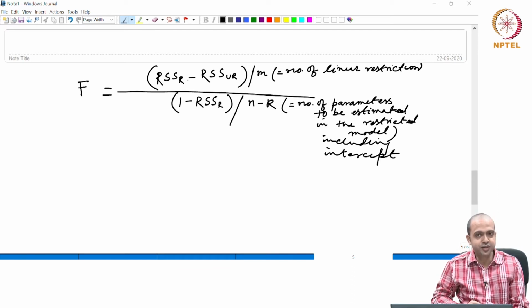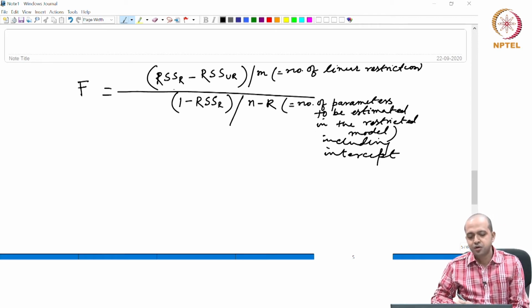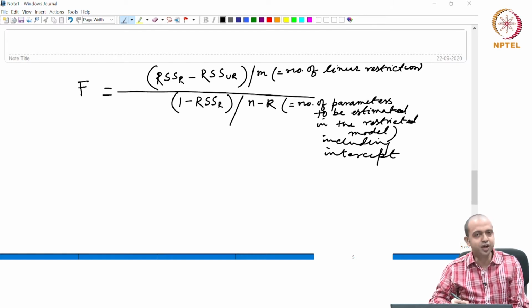When the number of explanatory variables is less, obviously the residual part would be more. So RSS R is always greater than or at least equal to RSS UR. It should not be less than RSS UR. If you keep that in mind, you will never get confused about the numerator.